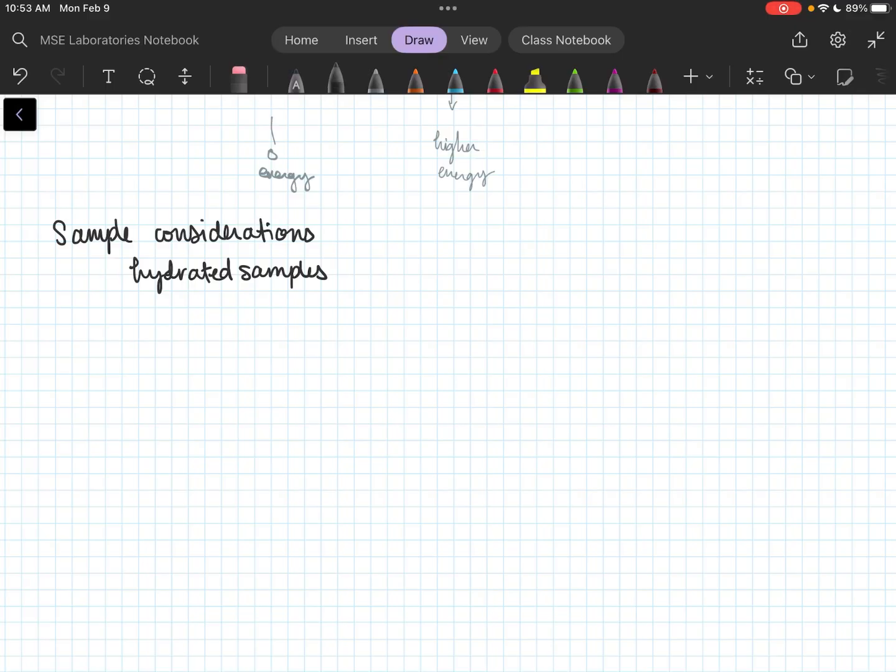So I'm going to put a little sad face next to hydrated samples, make it really clear. That makes it kind of hard for biologics to be scanned. A subsection of that is biologic samples. Biologic samples have an additional struggle.